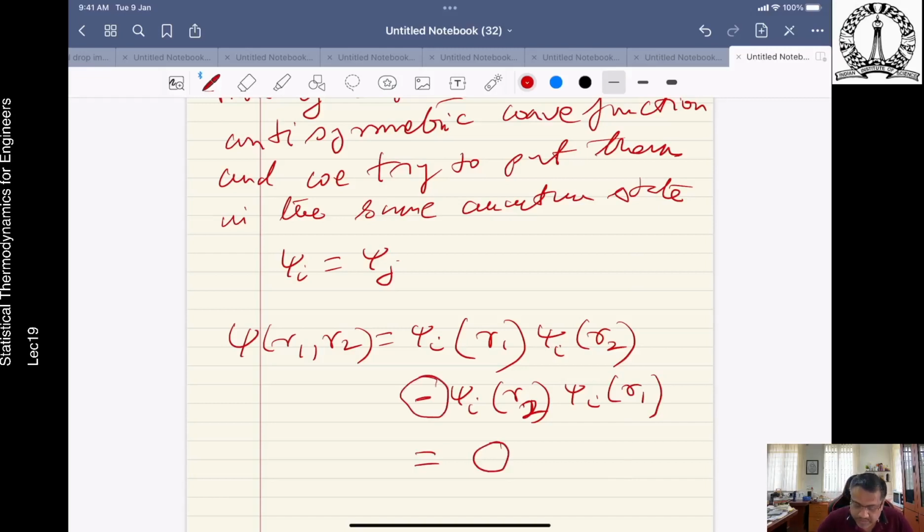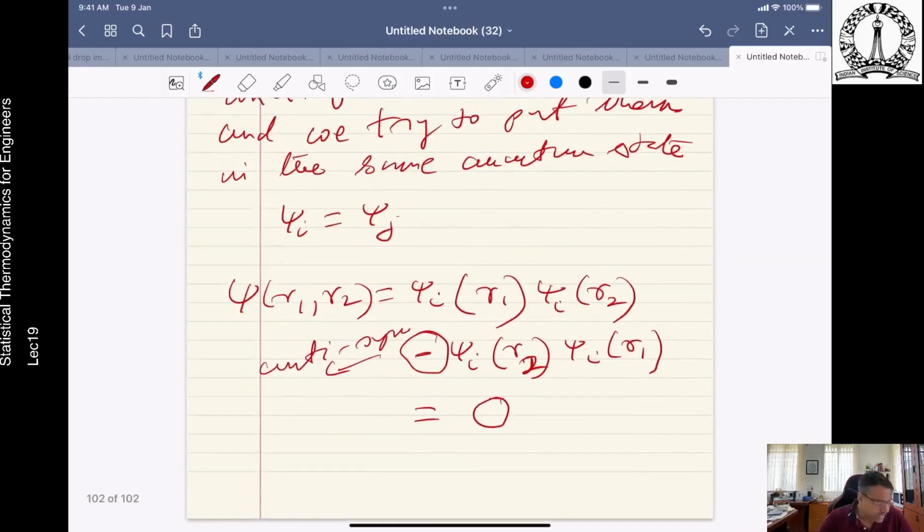Why do we have the negative sign? Because this is anti-symmetric. So this essentially translates to what?